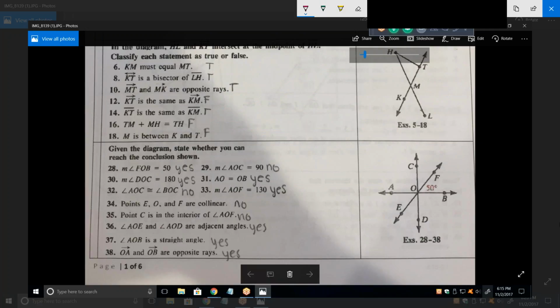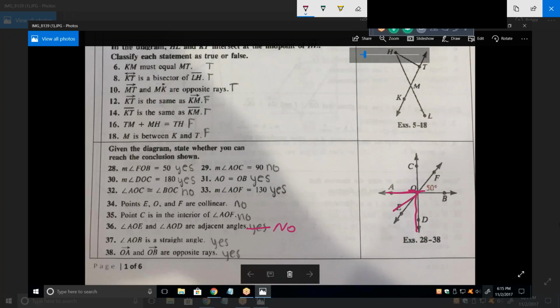AOE and AOD. AOE is that one. AOD is that one. They're not adjacent angles. No. I hope you're making these notes as we go along, because I erased it so that I can keep writing.